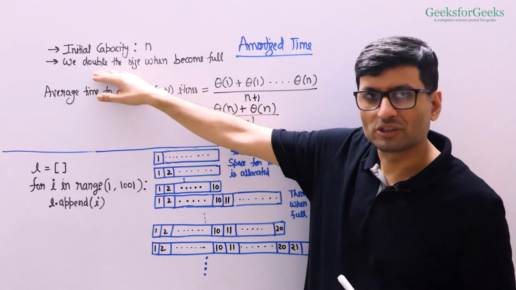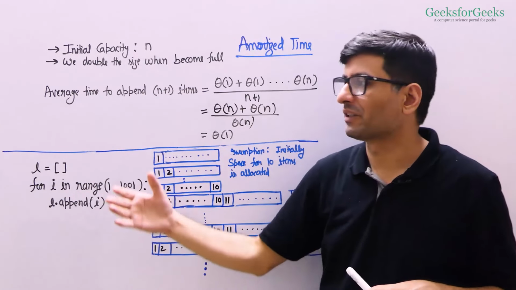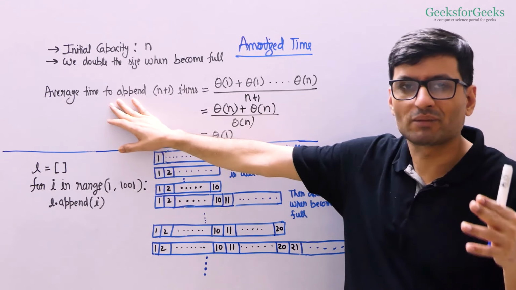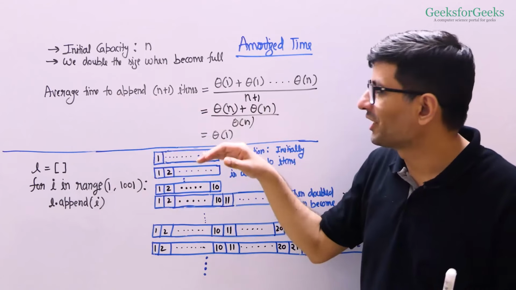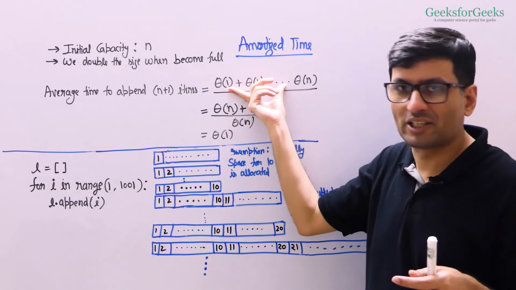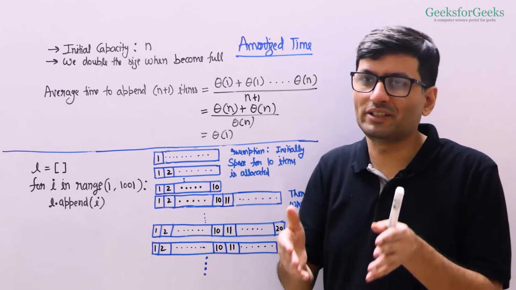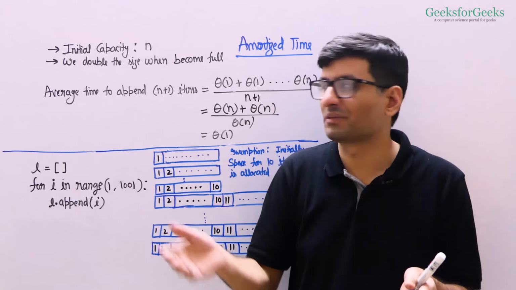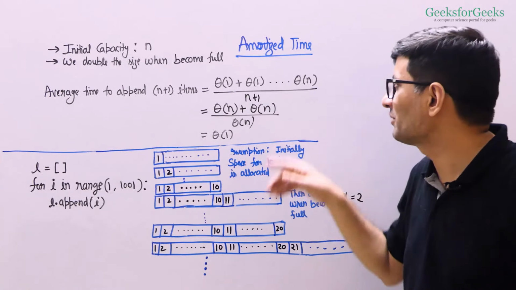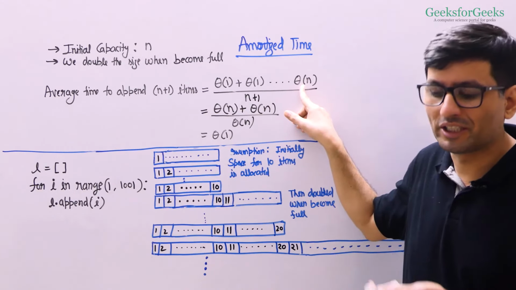So if you follow this concept and try to append items one by one, what happens here? When you try to find the average of inserting n plus 1 items, what do you get? You get the time as theta 1, theta 1, theta 1 added n times, right? Because the first n items can be added without any problem. We have initial capacity as n. Now when you try to insert the n plus 1th item, your last item is going to take theta n time.